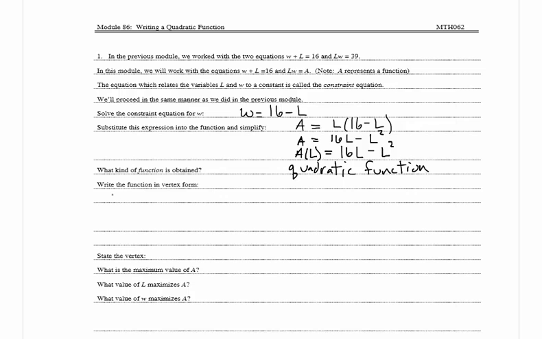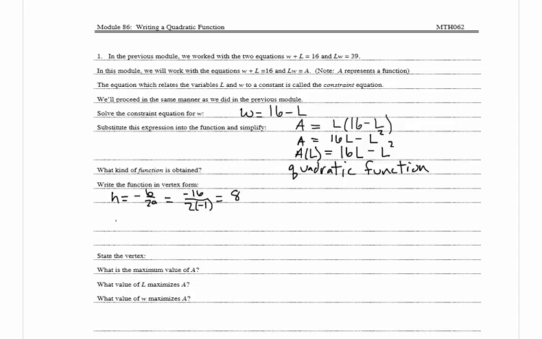And now they want us to write the function in vertex form. So the first thing we're going to do is find h, and h is equal to negative b over 2a, which is equal to negative 16 divided by 2 times negative 1, which is equal to 8.